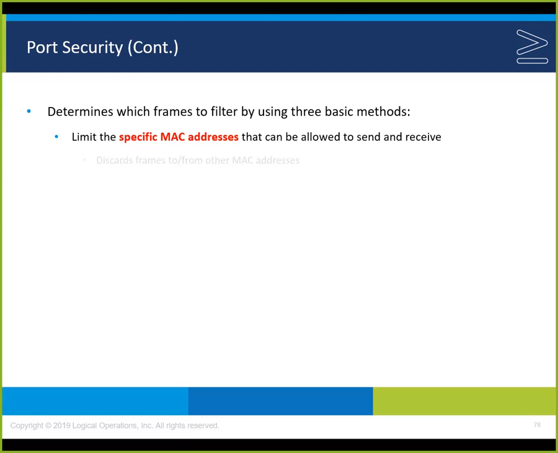Port security determines which frames to filter by using three basic methods. First, limit the specific MAC addresses that are allowed to send and receive, and it discards traffic to and from other MAC addresses. You can have both static and auto-detected dynamic addresses, and you saw that with sticky, where the detected addresses get transformed into statics in the MAC address table and get put in the configuration.